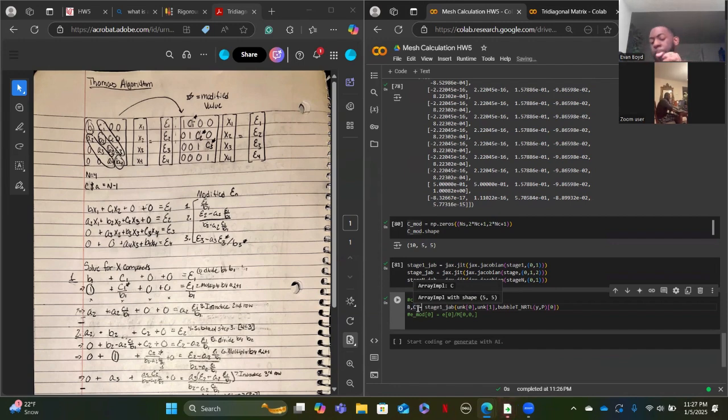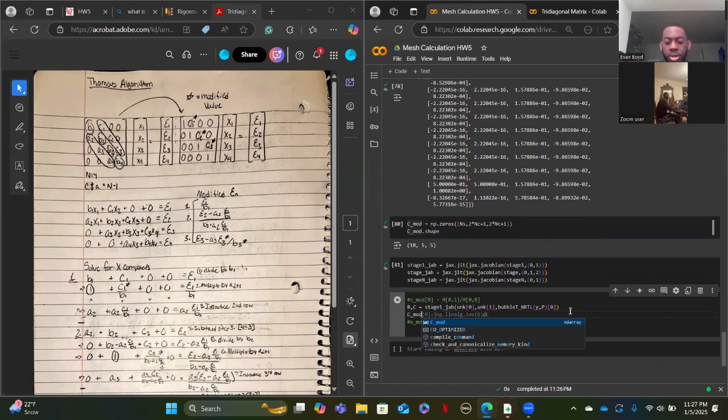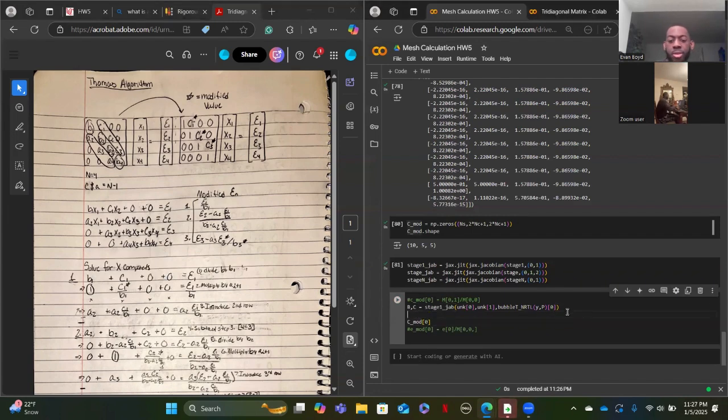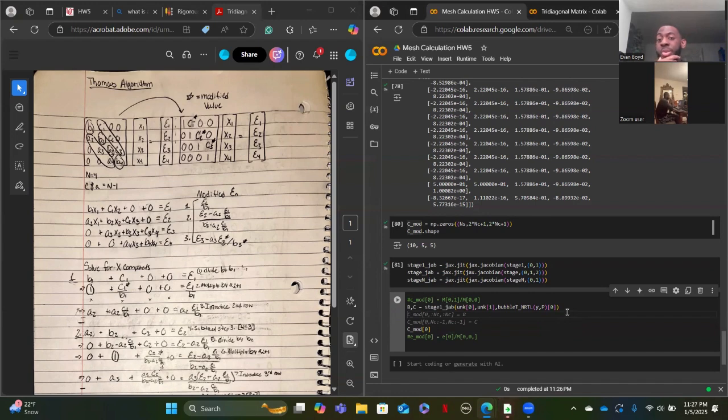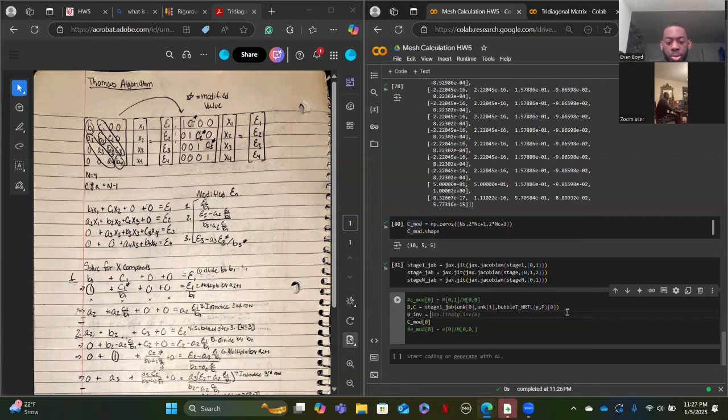But next, of course, we know that our C mod at the initial gets divided by our B. But our B, in this case, since it's a 5 by 5 matrix, needs to be an inverse of B. So what we would do now is say that we need to do inverse of B, like I said.